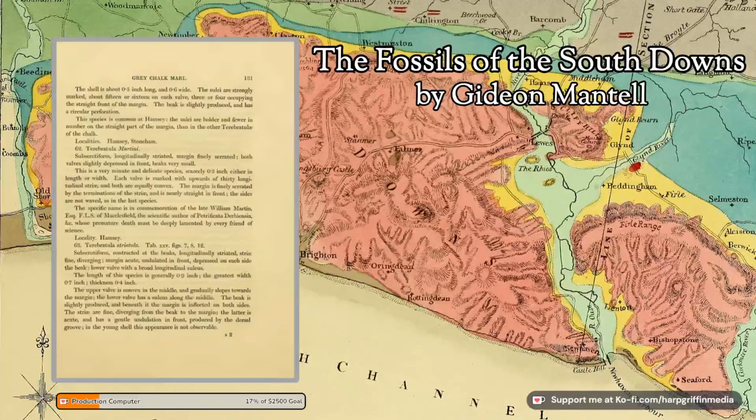The sulci are strongly marked, about 15 or 16 on each valve, 3 or 4 occupying the straight front of the margin. The beak is slightly produced and has a circular perforation. This species is common at Hamsey. The sulci are bolder and fewer in number on the straight part of the margin than in the other terebratulae of the chalk. Localities: Hamsey, Stoneham.